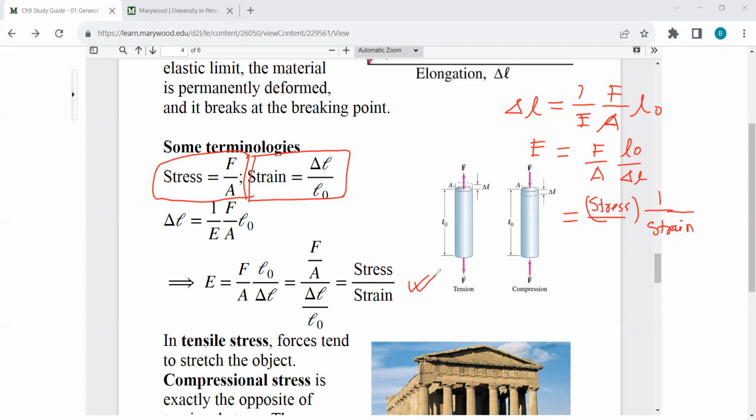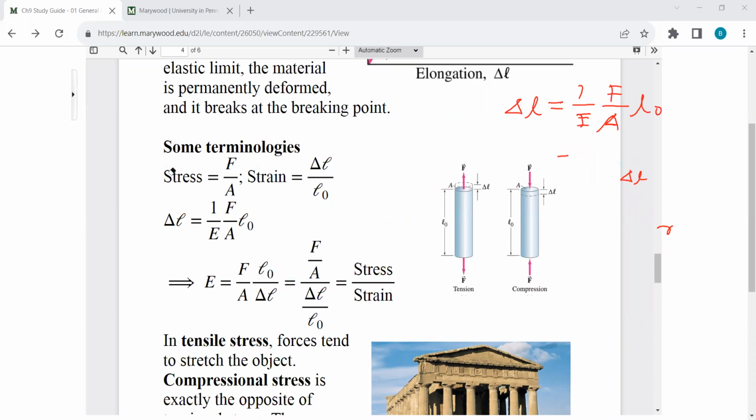Now, if the force in this equation is due to tension, you already know what a tension force is, right? If you are pulling this object, this kind of force we call the tension force. So if the force is a tension force, the corresponding stress and strain we call the tensile stress and tensile strain.